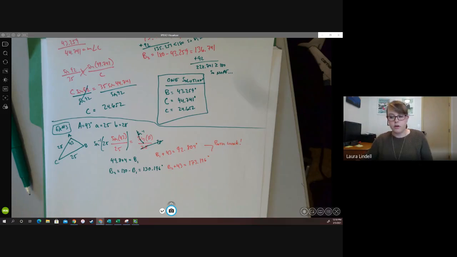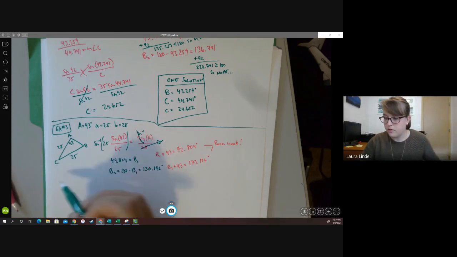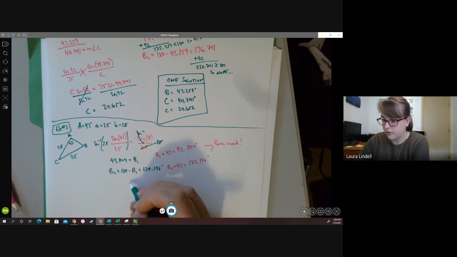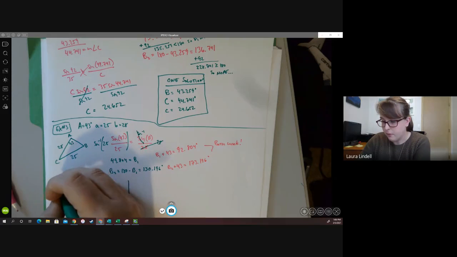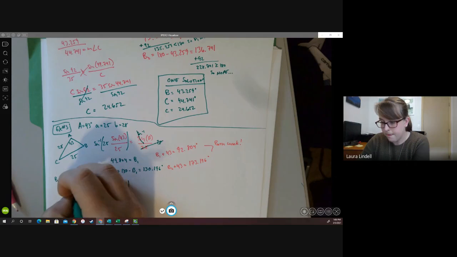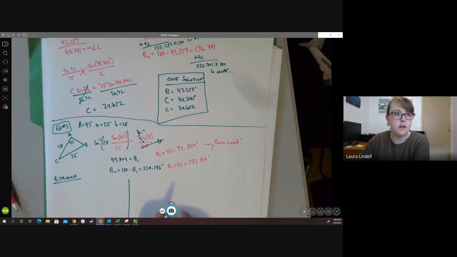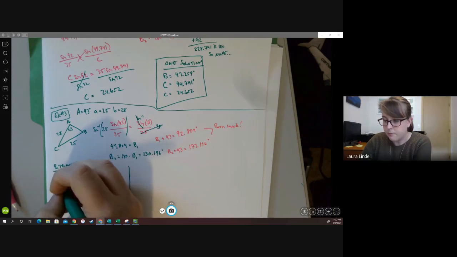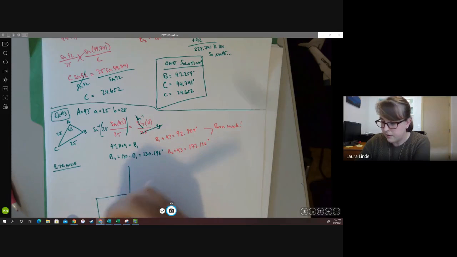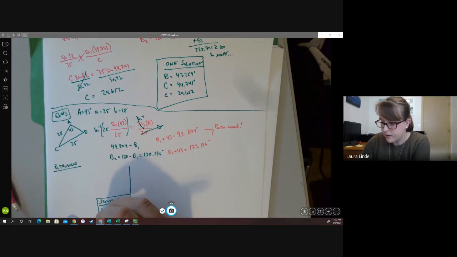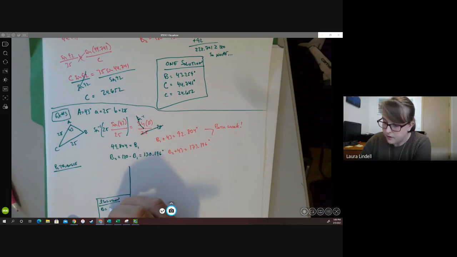Okay, so since both work, we are now looking at two possible triangles here. So I'm going to do the work for one triangle over here and for the other triangle over here. So for the B1 triangle, first we know that angle B, if I'm going to collect my answer down here, is 49.804 degrees.